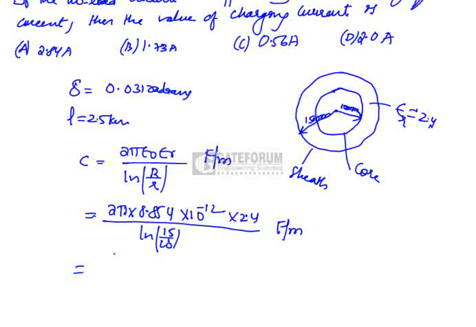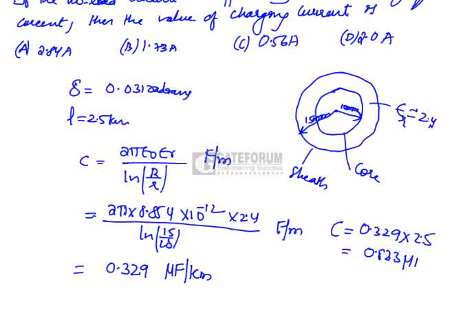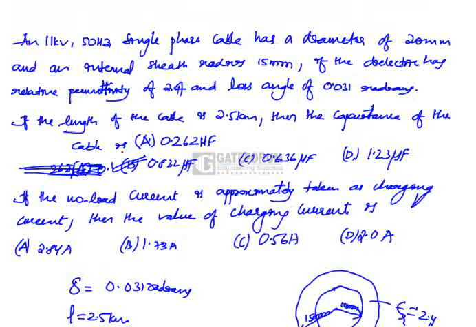Now you can find this one as 0.329 microfarad per kilometer. Now he asked the capacitance of the cable for 2.5 kilometers, so this is 0.329 into 2.5, which is equal to 0.823 microfarad is the answer. Option B.